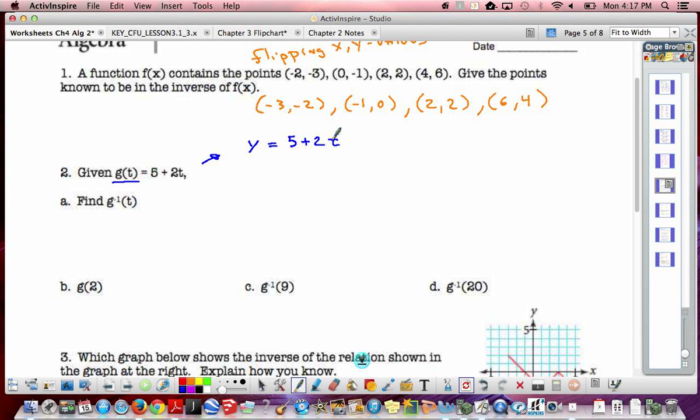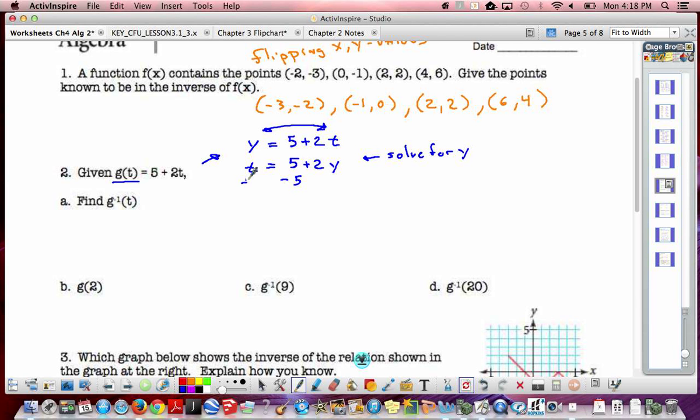If it helps, you can replace the t with x, but I'm just going to leave it as t. We're going to flip now the t and the y value. So t equals 5 plus 2y. Now, to get the inverse, we solve for y.